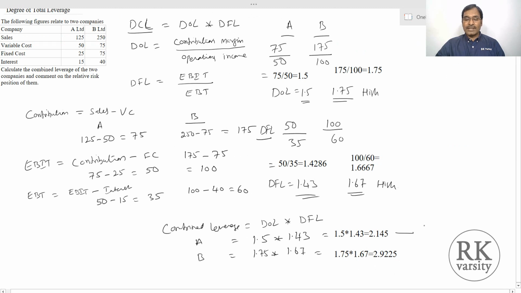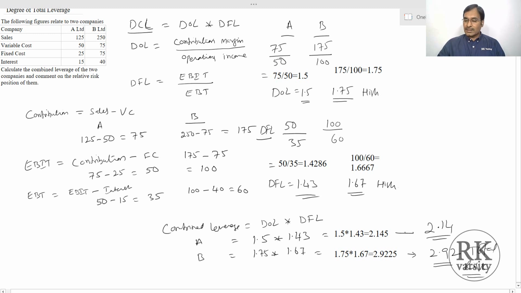So the combined leverage of company A is 2.14, whereas for company B it is 2.92. So this also indicates that company B has high total risk.